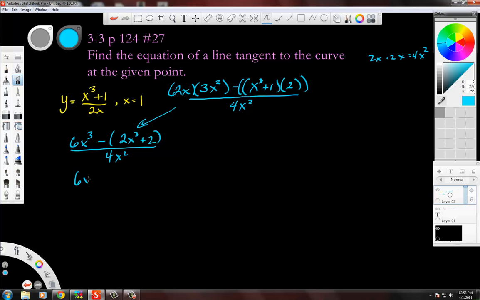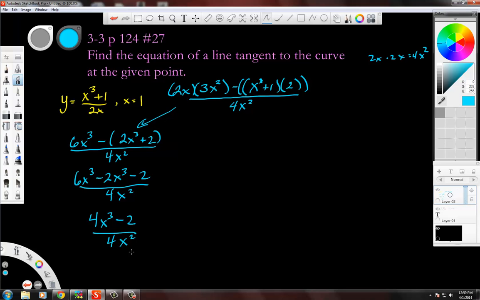So that's going to be 6x cubed minus 2x cubed minus 2. Don't forget that minus 2. The next line, it would be 4x cubed minus 2 over 4x squared. Now, we could keep simplifying this, and there would be nothing wrong with that.